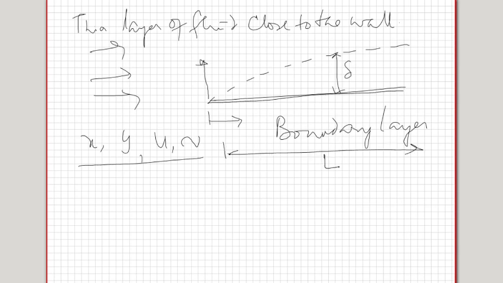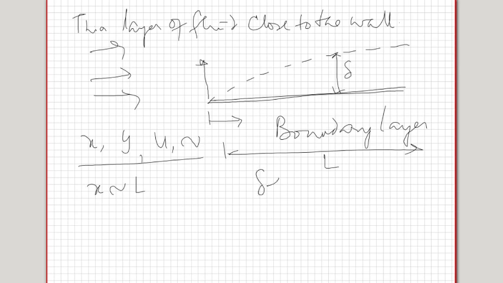Okay, so then I can say x is of the order of L because it varies between 0 and L. But y is a much smaller number. This delta is usually of the order of a few millimeters thick, when the L is of the order of a meter. So this term, the delta, is going to be much smaller.